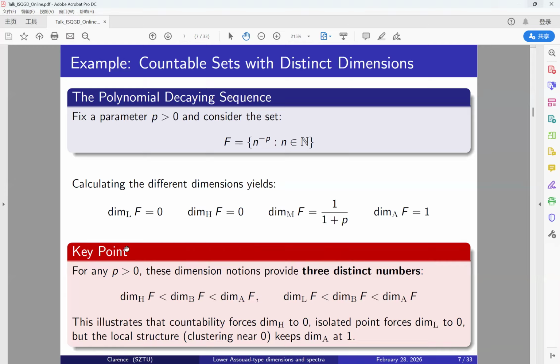The key point is that for any p, these dimension notions provide three distinct values: Hausdorff dimension, box dimension, and Assouad dimension, or lower dimension, box dimension, and Assouad dimension. This illustrates that countability forces Hausdorff dimension to equal 0, isolated points force lower dimension to be 0, and the local structure keeps Assouad dimension at 1.